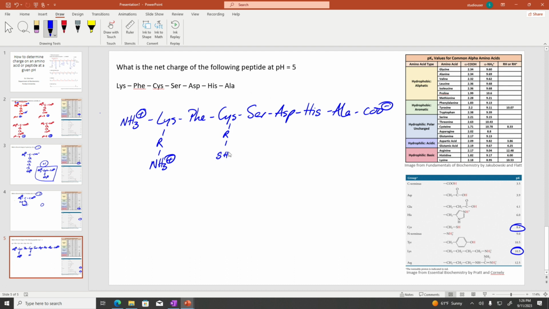The next one is going to be serine, which I can pretty much ignore. Aspartic acid is going to have an acidic group, with a pKa of 3.9. And so 3.9 is below the pH that I have, meaning that this group will be deprotonated. Then we have histidine, which we just saw.